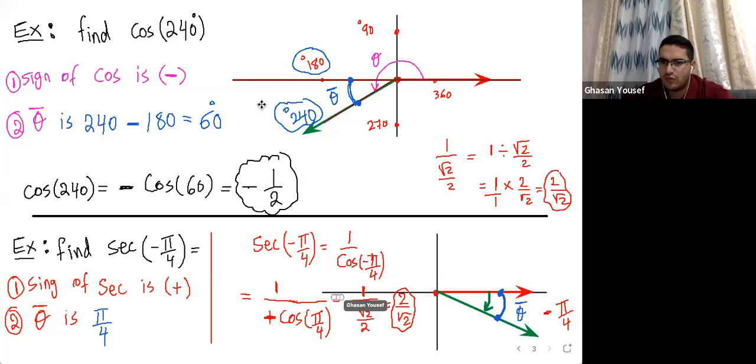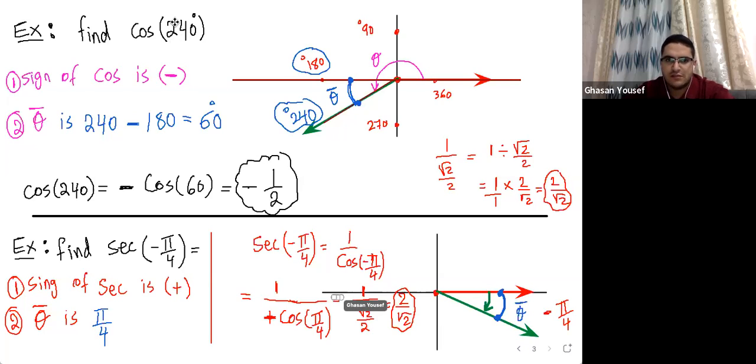Why is it in the fourth quadrant? It is in the fourth quadrant because the angle here is negative pi over 4. So in the beginning of this chapter, I said when you see the angle is negative, it means we have to move clockwise. So I move clockwise pi over 4.